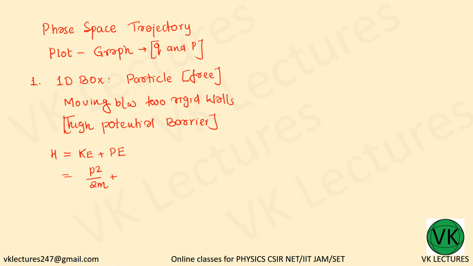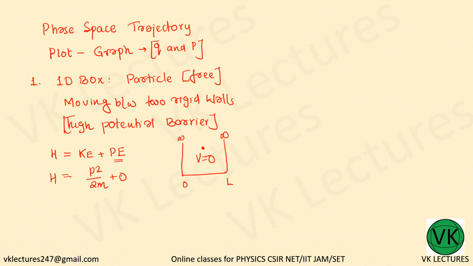But the potential energy in the 1D box is 0, because if you consider this as a 1D box of length 0 to L, there is infinite potential outside, and the potential inside is 0, and the particle is here, so the particle has 0 potential. So the total Hamiltonian is H equal to P square by 2m.